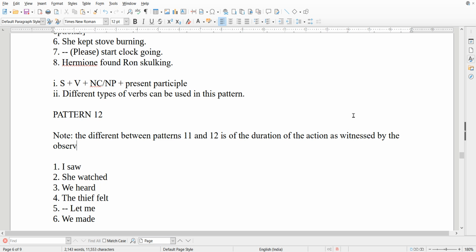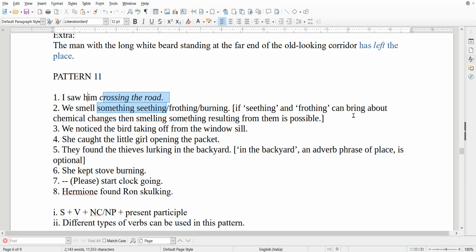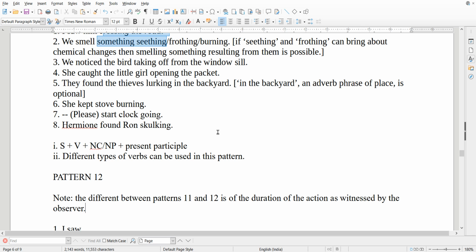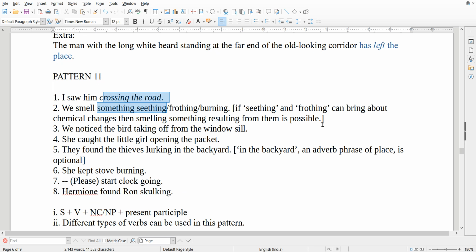So in pattern 11 the observer is present for a part of the time, and in pattern 12 the observer is present from the start of the action to the end of it. So for the entire duration the action lasts, but in pattern 11 the observer is present only for a part of the time for which the duration lasts.